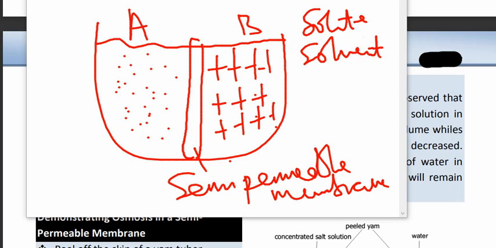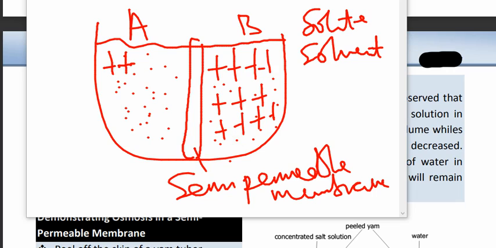Now, for solution A, we have only a few solutes there. So the plus symbolizes the solute. For solution B, we have a lot of solute but little solvent. The dot is the solvent.